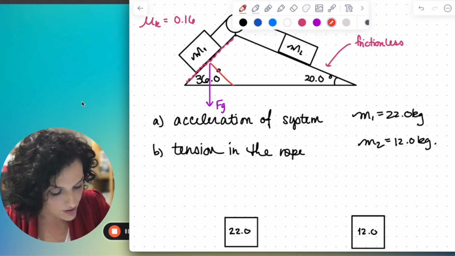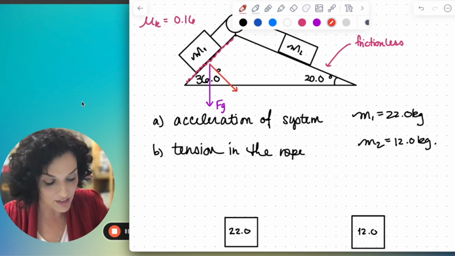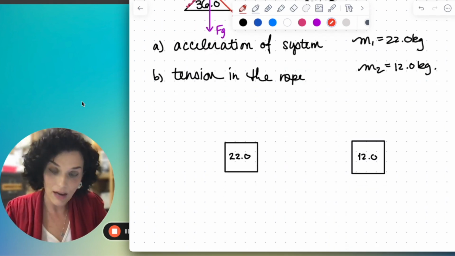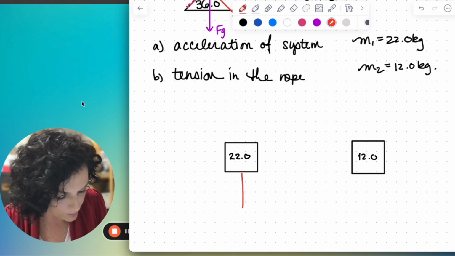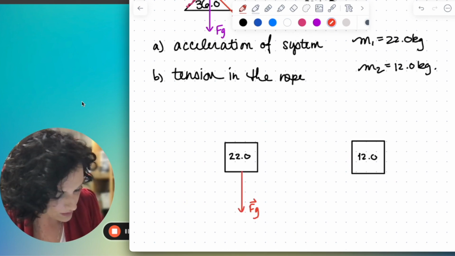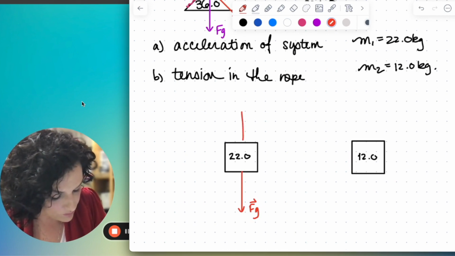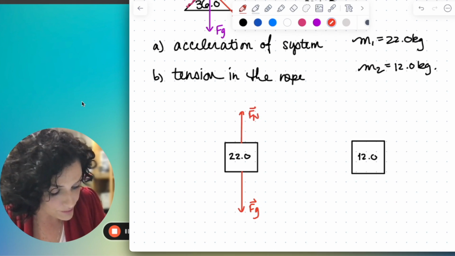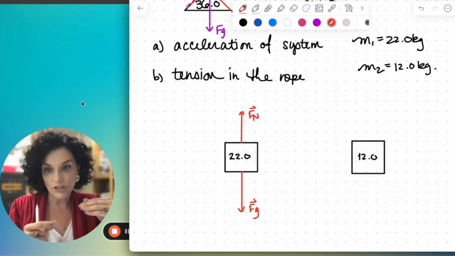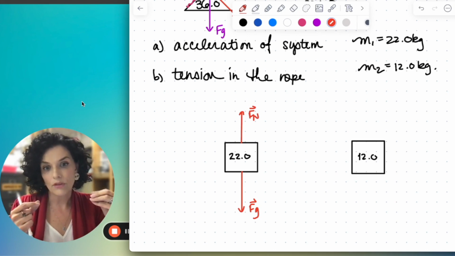So my y component of my gravity is pointing like this. I'm going to put that on my free body diagram. So here's my FG, and here's my FN, or my normal force pointing up. Now, just a friendly reminder, because it's acting on an angle, your FN and your FG aren't going to be the same value, face value.